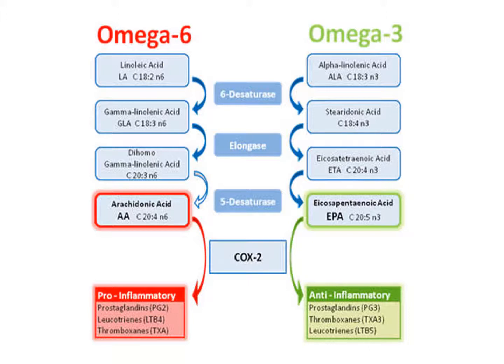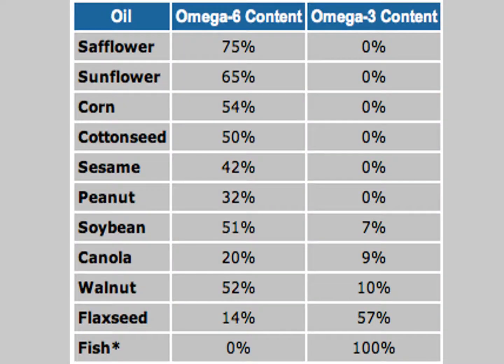You convert to arachidonic acid, but then that is converted into pro-inflammatory signals; the prostaglandins PG2 are considered pro-inflammatory. You look at the omega-3s though, and they are converted down to EPA, and you notice that they're anti-inflammatory. So we need to increase those omega-3s and reduce our omega-6s.